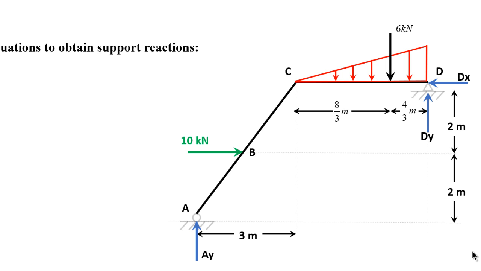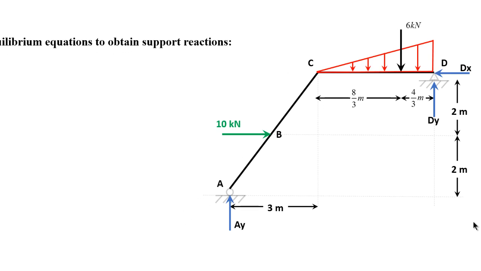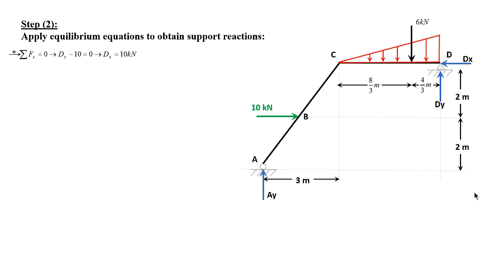Anyways, if you assumed it in the other direction, that is to the right, and you do the equilibrium equation, you will see that the result of DX is going to be negative. That means you have to switch the direction of your assumption. So let's go on with this assumption. We will do the summation of the forces in the x direction and set that equal to 0. So I have DX minus 10 equals 0, or you can say it the other way: 10 minus DX is 0.